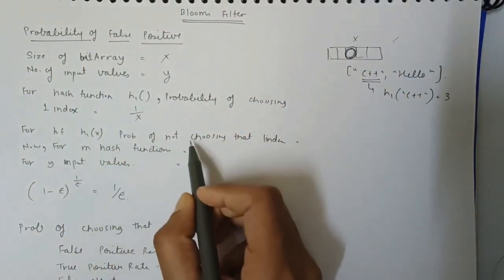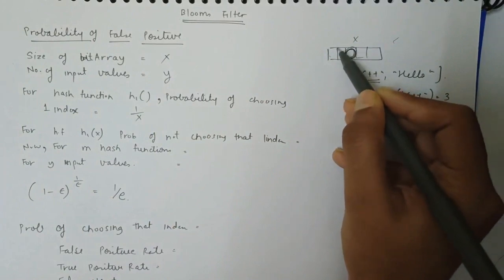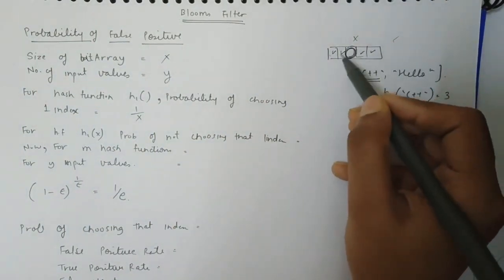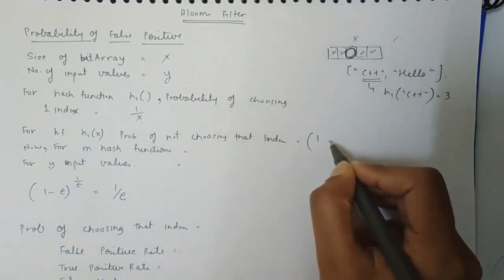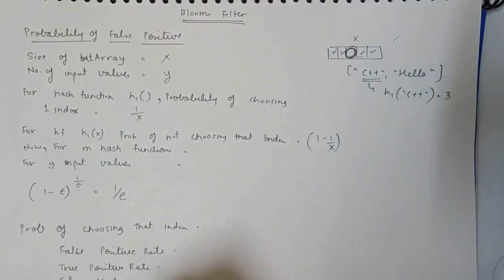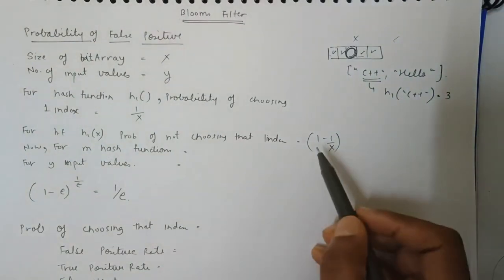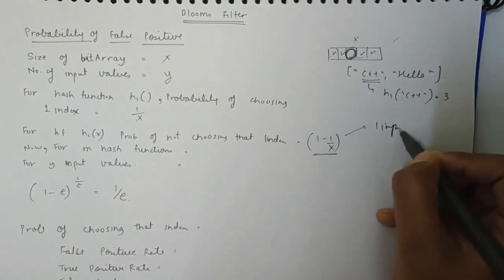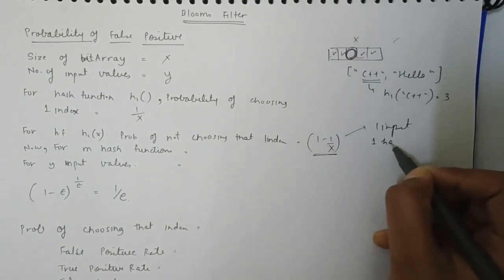Now what would be the probability of not choosing that index, that is, either this or this index is chosen but not this one? That would be 1 minus 1 by x. This value is for one input and one hash function.